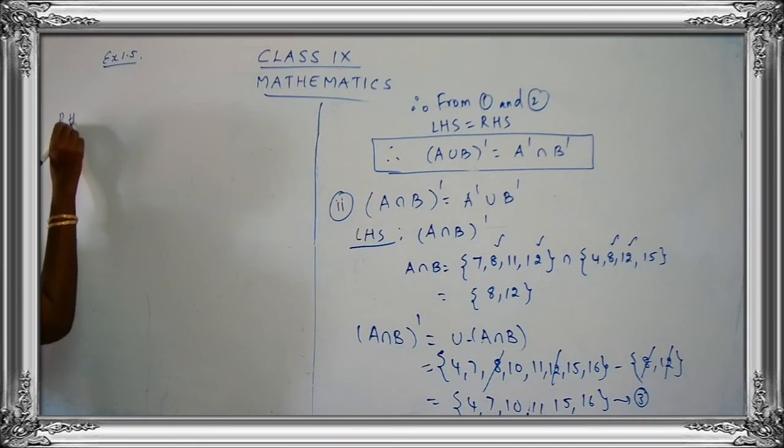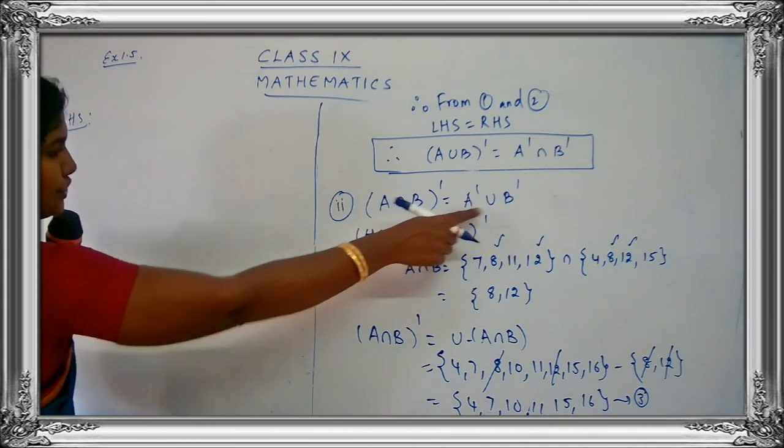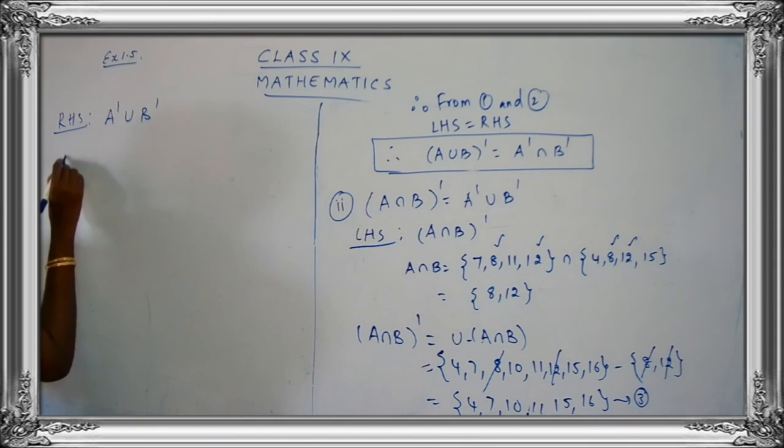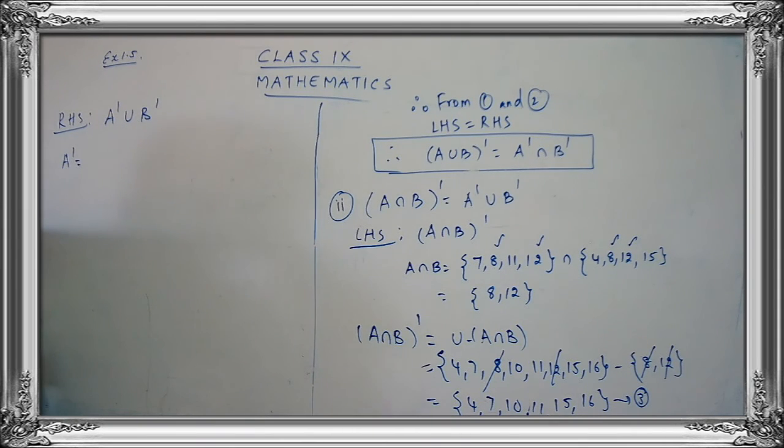So RHS is A dash union B dash. Already we have found the answer for A dash, so no need to find it again. You can directly copy the value for A dash. What was the value for A dash? You just see the previous cases.